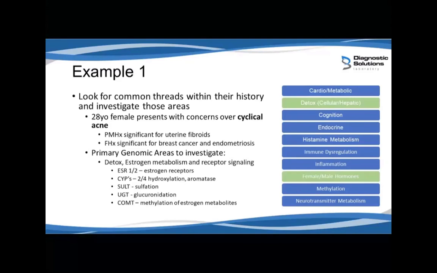Thinking back to when we learned about phase 2 metabolism in medical school or naturopathic medical school, or wherever you learned about it, we think about glutathione, sulfation, glucuronidation, all these different things. And then lastly, we have methylation of the estrogen metabolites, making sure that they don't end up accumulating and causing accumulation of DNA damage.